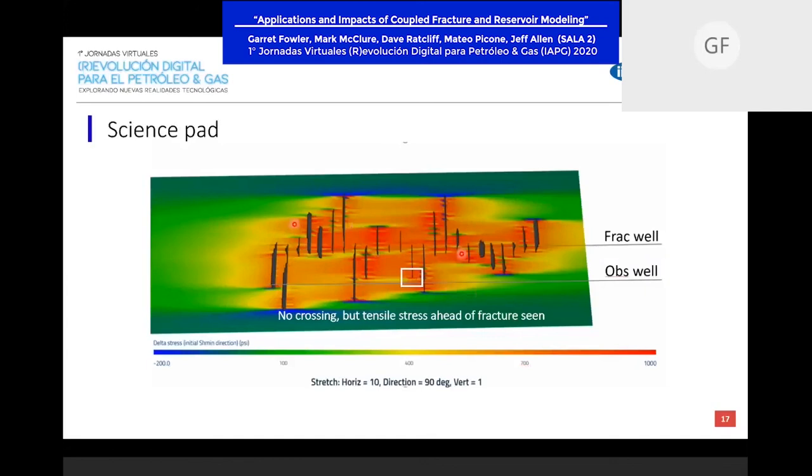Say if you have multiple wells where you're fracking over adjacent well bores, you may reactivate existing fractures that were previously stimulated. All of that can be taken from this cross-well fiber optic data and imparted into a numerical model.